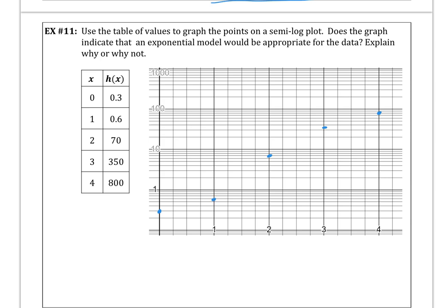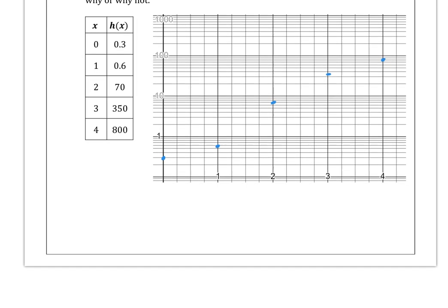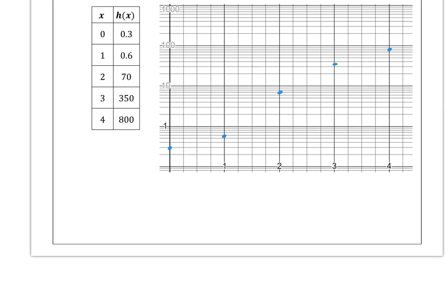Since this one's kind of out of place, exponential is not appropriate. So we want to make some kind of a statement like that. The points on the semi-log plot do not appear linear.